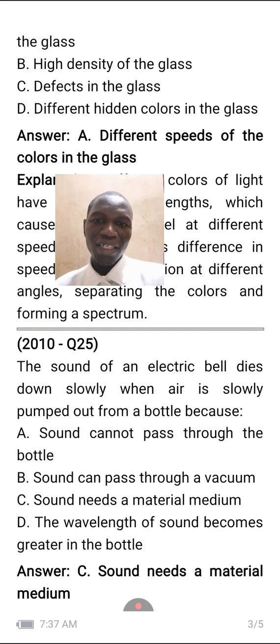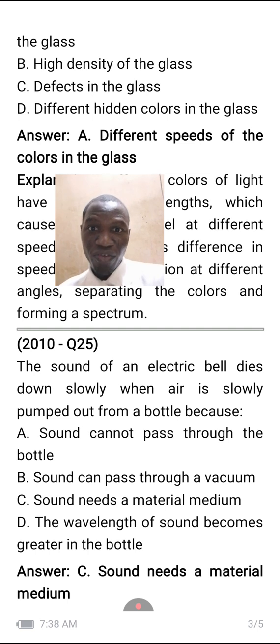Okay, let me give an example. Noise or sound follows the direction of air. If air is blowing eastward and you are westward, something may be very close to you and making a very loud noise, but you cannot hear, simply because the air is not in your direction. So that tells us that sound needs a material medium to travel.